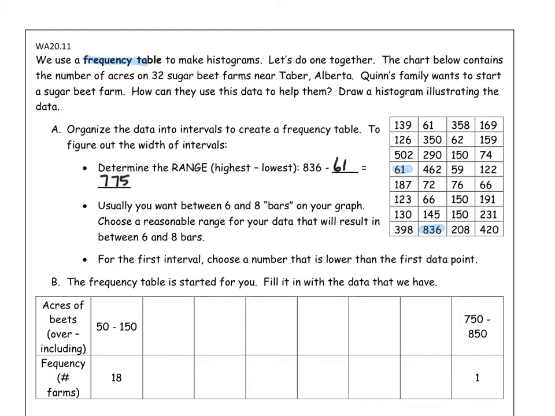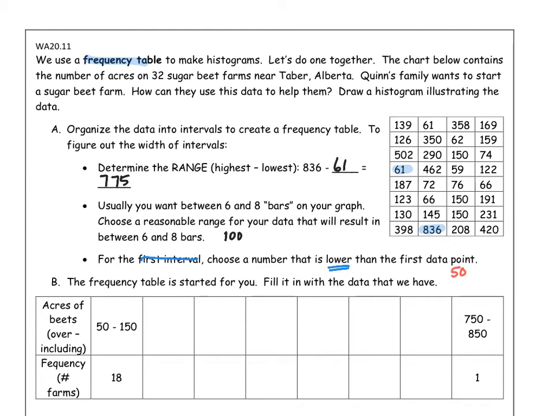So if I have 775, I could make each bar 100 acres wide. That would give me a range of 8. And we always want our first interval to be a number lower than the first data point. So to make it nice, I'm going to say it's going to start at 50.